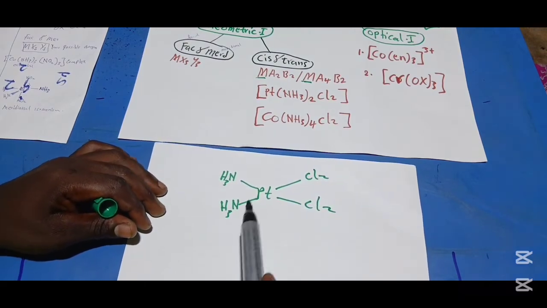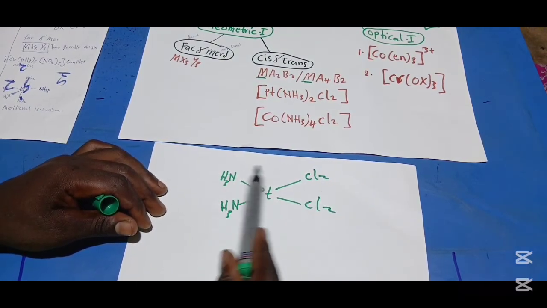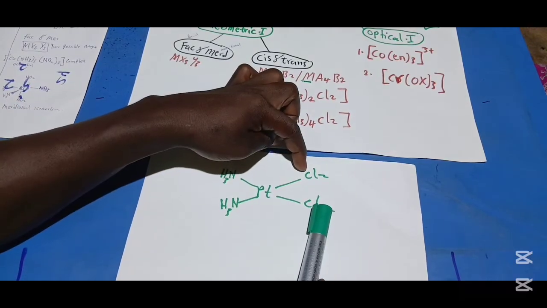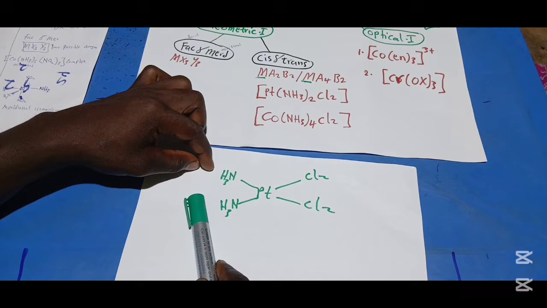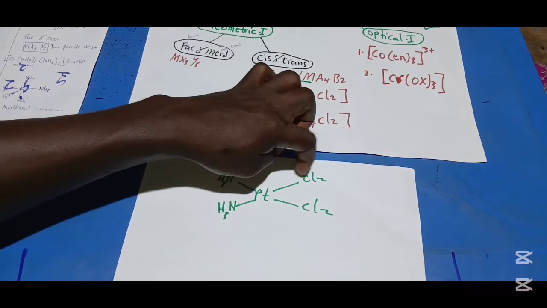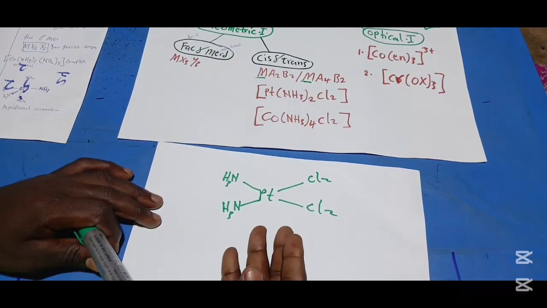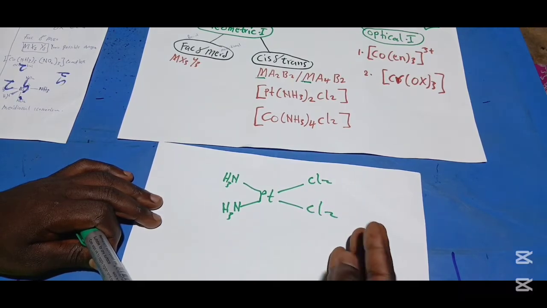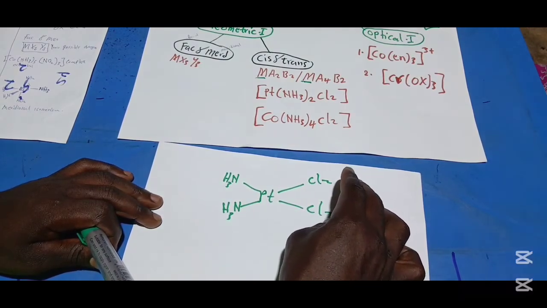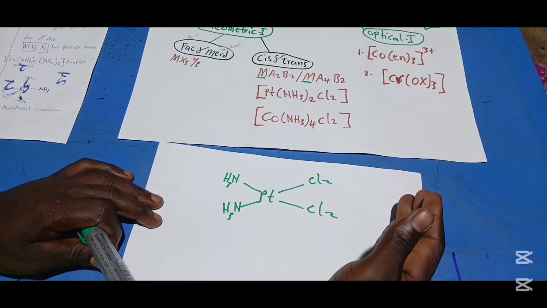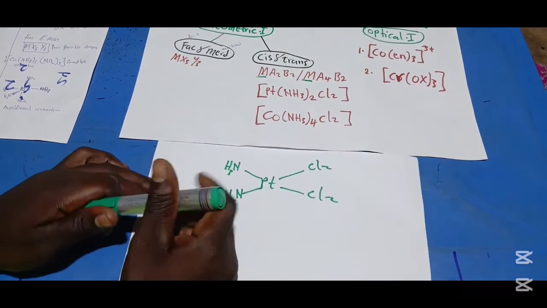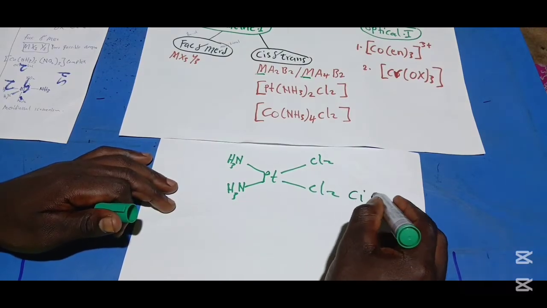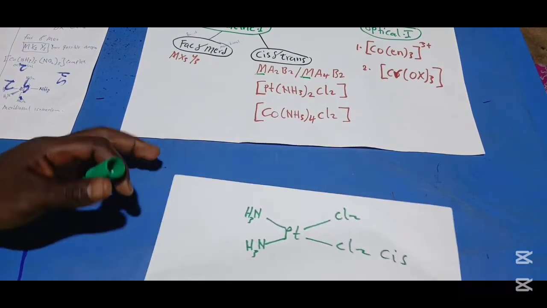Looking at this, which of these is of higher priority? Chlorine has a higher atomic number than nitrogen and hydrogen, so the higher priority is on chlorine. From this, you can see that the chlorine, which is of higher priority, are grouped at the same side. So this is the cis isomerism.